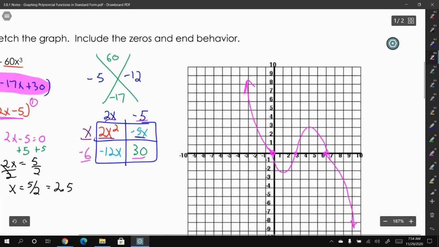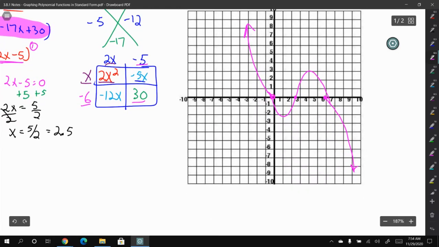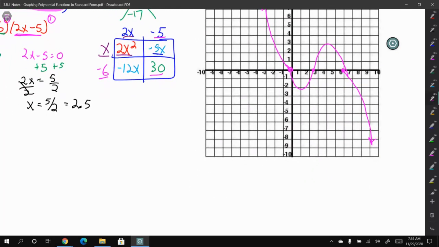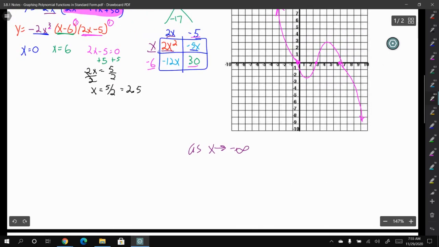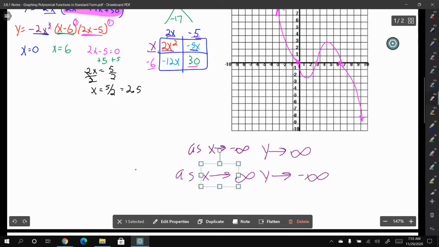So that is how our function would look. So then the end behavior, as x approaches negative infinity, so if we look at the left side, the graph is going up, so y approaches positive infinity, and as x approaches infinity, y approaches negative infinity. The right side is going down.